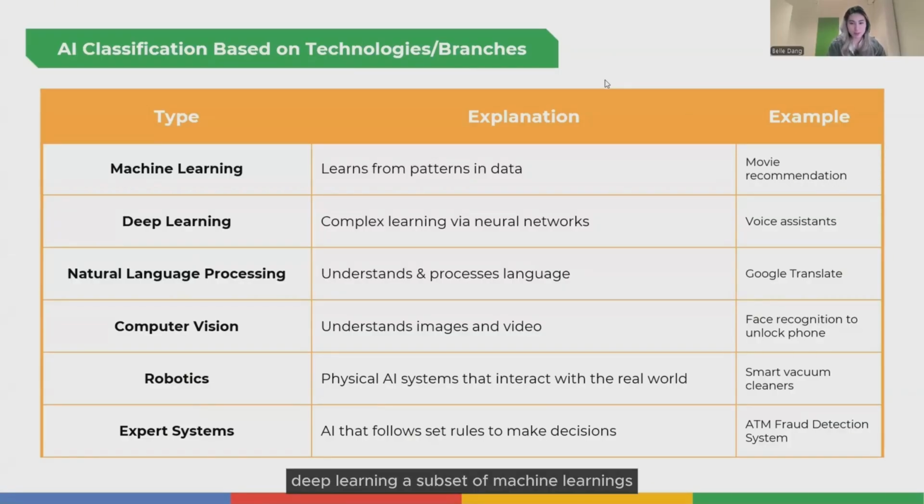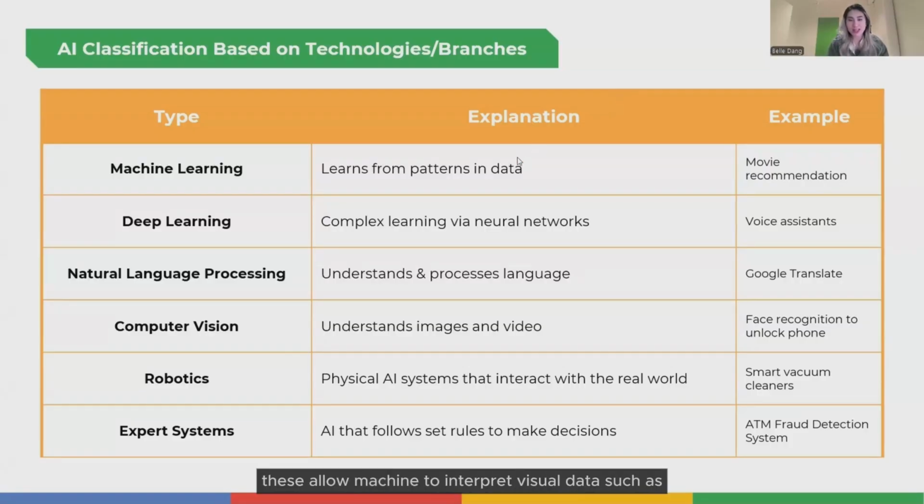Deep learning is a subset of machine learning that uses neural networks to identify complex patterns. You can see this more in voice assistants and image recognition. You also have natural language processing, which is what powers generative AI. These technologies enable computers to understand and generate human-like language. As examples, Google Translate, but also GPTs.